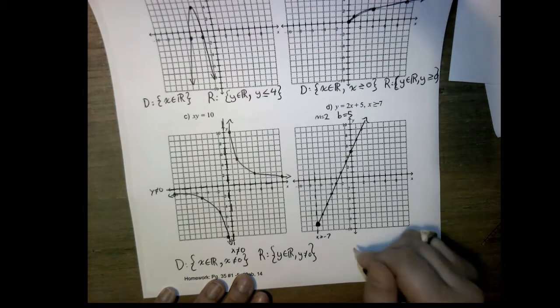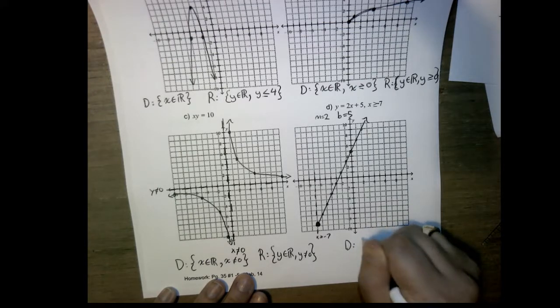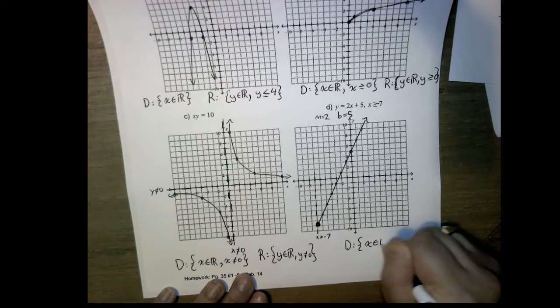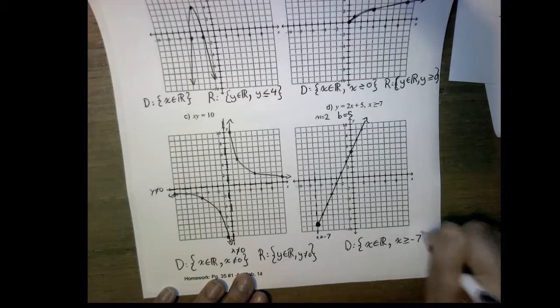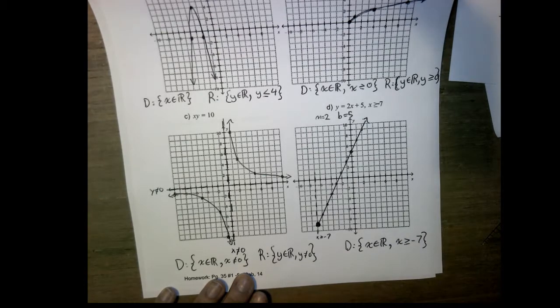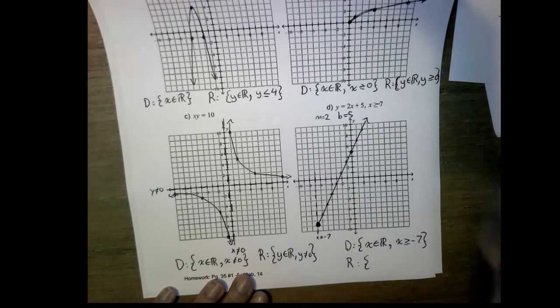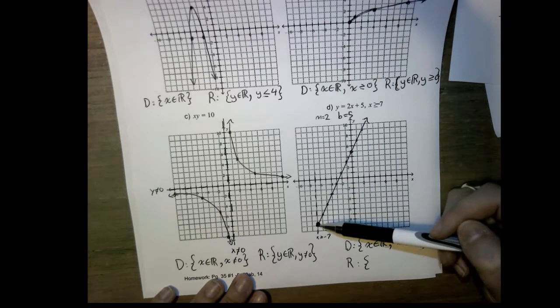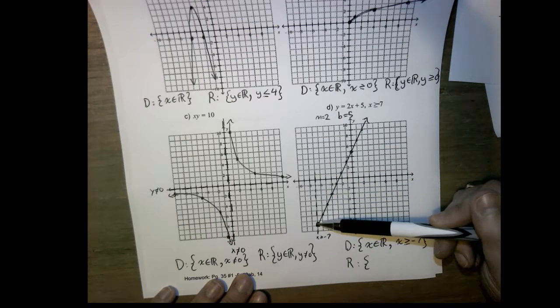So that means my domain restriction is kind of given to me in my question, right? So I have a domain of x is part of all real numbers, where x is bigger than or equal to -7. And my range, I have to think, what restrictions does that place on my range if my x has to start at -7, right?